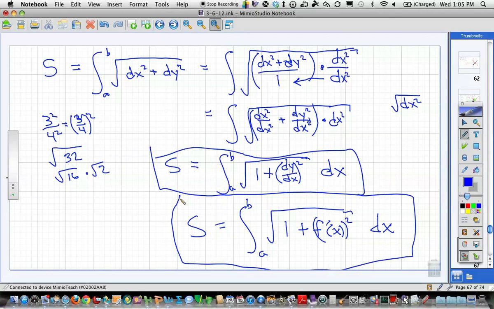Okay? So this is just something you have to memorize, like the average value formula or something. You just have to memorize this length of a curve. But if we follow this back, remember where this formula comes from. This was just algebra that got it in this form.